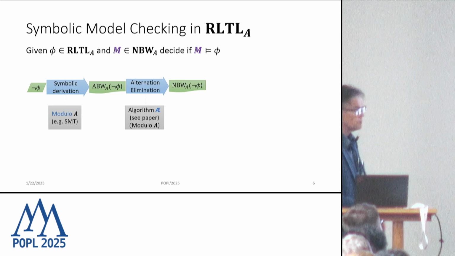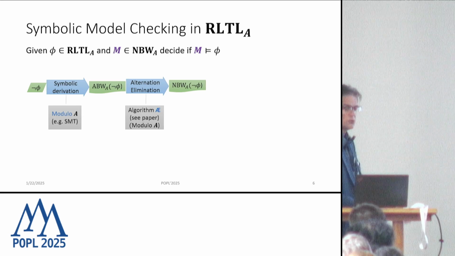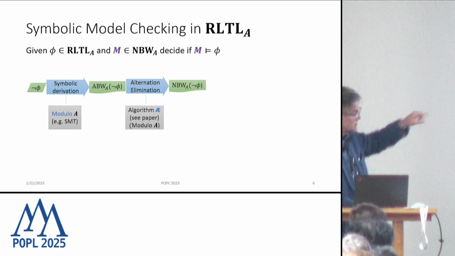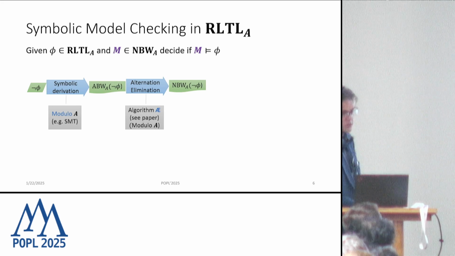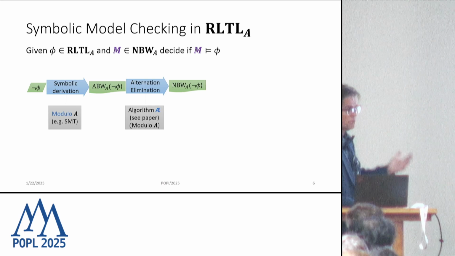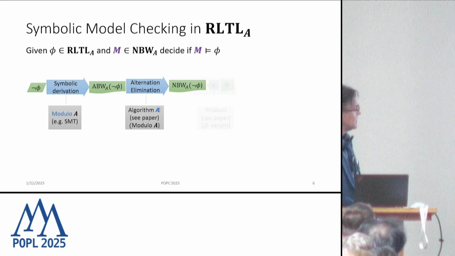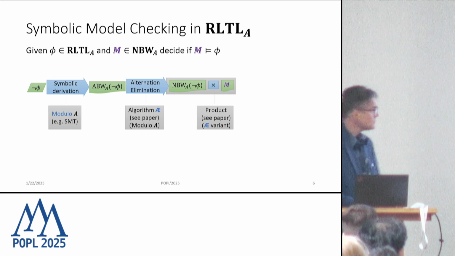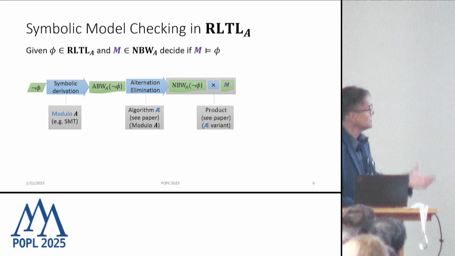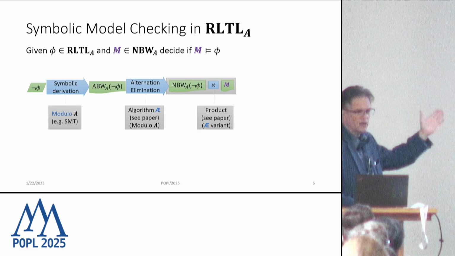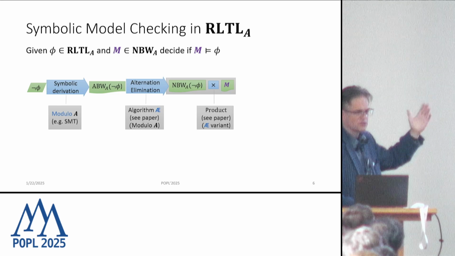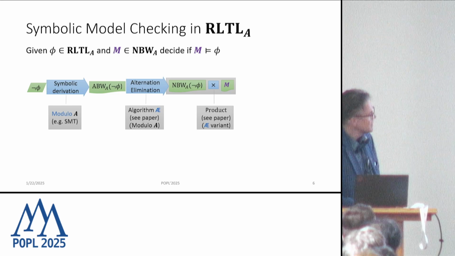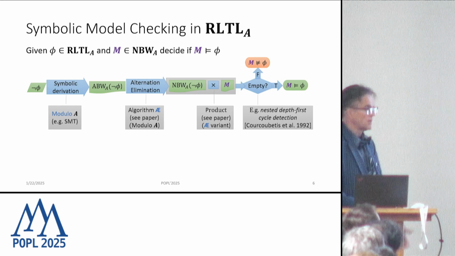At that point, you apply alternation elimination to get a non-deterministic Büchi word automaton. This algorithm is described in the paper, and it's a generalization of the Miyano-Hayashi 84 algorithm lifted to modulo theories. And then finally, you build a product, for which you also use a variant of this A algorithm. A is like the Swedish pronunciation of the letter. And then here you can use classical algorithms.